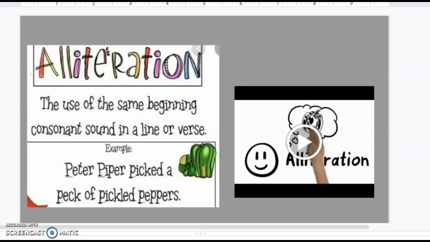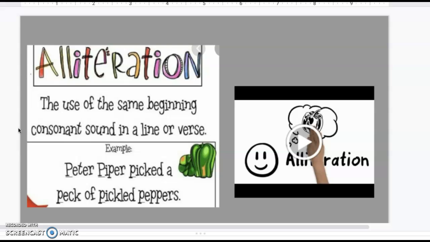Then we come to alliteration. Remember, you should also be writing this in your notebook. You'll want it for tomorrow. Alliteration, the use of the same beginning consonant sound in a line or verse. Example: Peter Piper picked a peck of pickled peppers. Ooh, that gets hard to say, doesn't it?